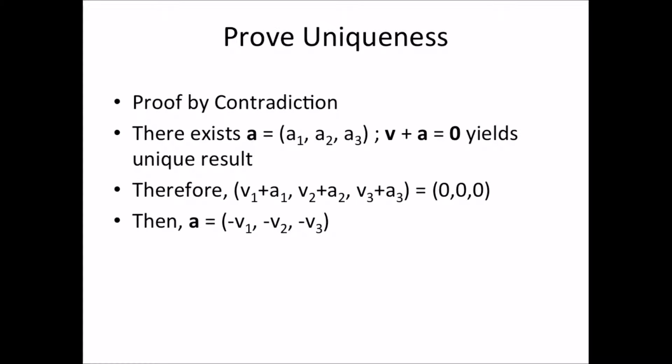Following similar steps, we see that point A is also equal to negative V1, negative V2, and negative V3. However, in this case, point A would equal point X, but we said that point A was also going to be unique. So therefore, X is a unique solution.